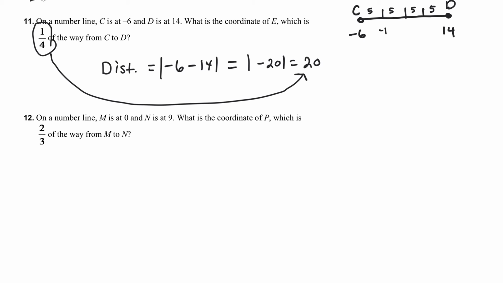So that's going to be E. I repeat. The distance from C to D is 20 units. We know that it's 1/4, so I'm going to break it up into 4 pieces. So 20 divided by 4 gives you 5. So to get to E, it's going to be negative 6 plus 5, which gives you negative 1.